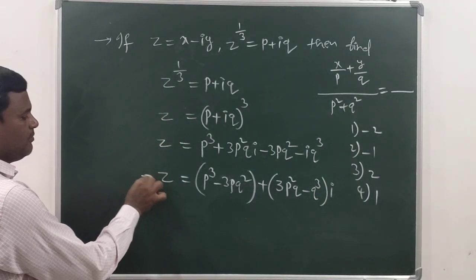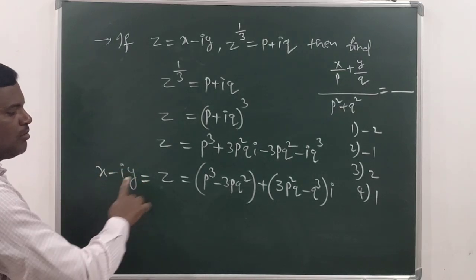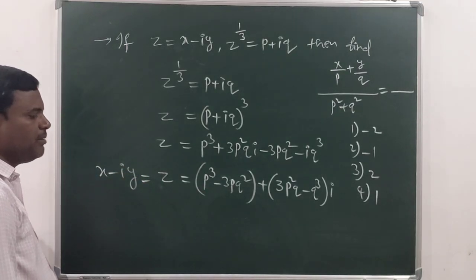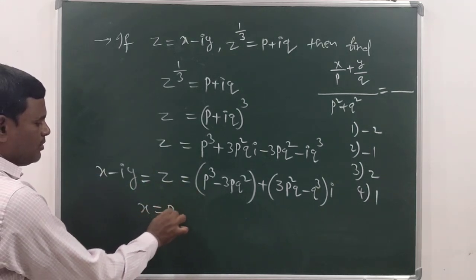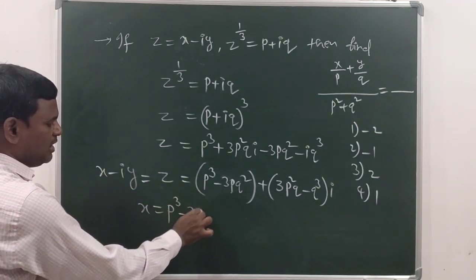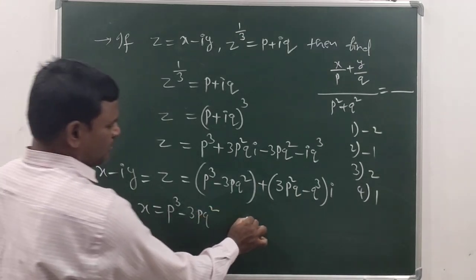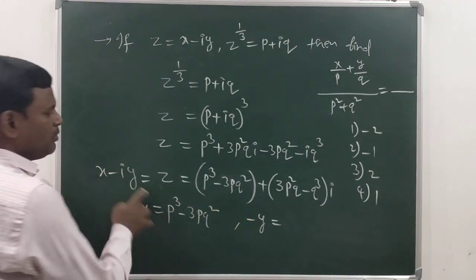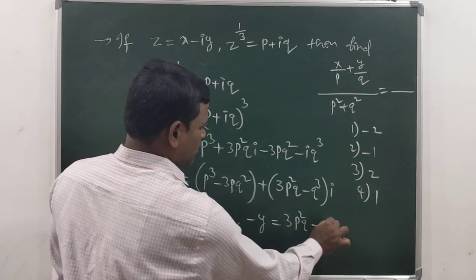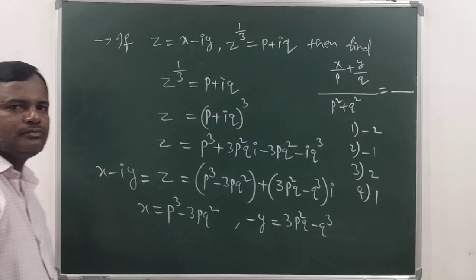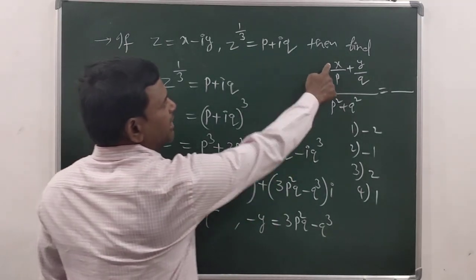Now what is z? z is equal to x minus iy. Now compare the real parts on both sides and the imaginary parts on both sides. Here real part x equals p cube minus 3p q square. And imaginary part minus y is equal to 3p square q minus q cube. Now from these two, what do we require? x by p.